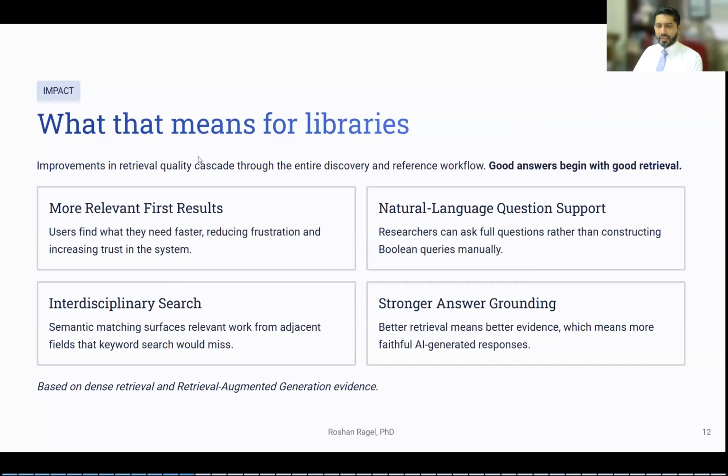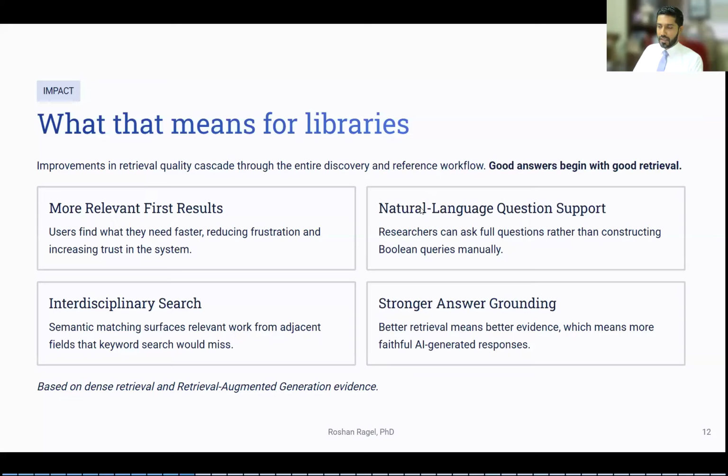So with that, we can use these ideas in libraries to bring more relevant results first. When you are searching or retrieving, you get more relevant results, about 15% better. And also we can support natural language questions, right? So it's no longer just keyword-based search that is very machine-like, but more human and natural, because generative AI and natural language processing have added a lot of value, enabling researchers and users to use natural language to communicate.